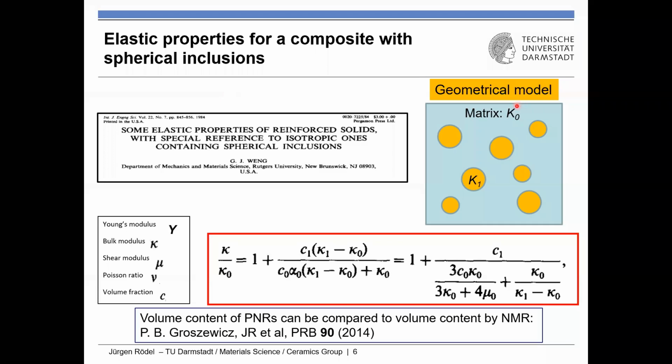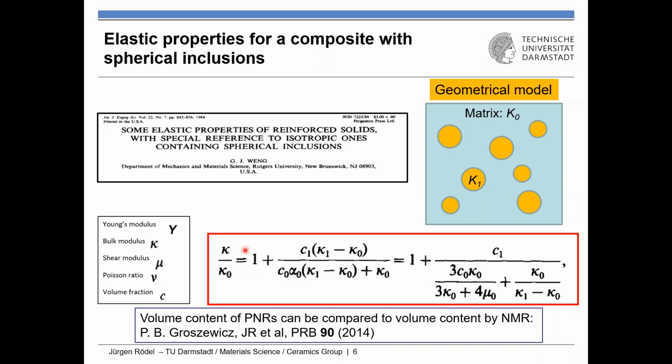And there I have a bulk modulus of the matrix phase and of the polar nanoregions. This is by Weng from 1984. This is the relation of the bulk moduli of the separate phases and of the composite. And you simply take this equation. There's only a single unknown. This is the concentration of the respective phases.